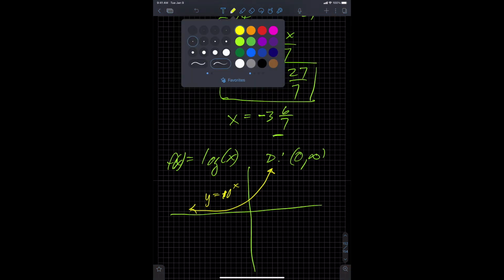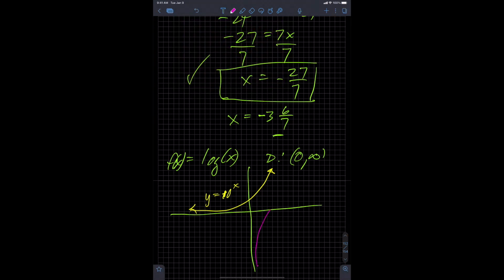And its inverse is this function, y equals log base 10 of x, which we simply write log x for lazy purposes. So they're inverse functions. If y equals 0 is an asymptote for the exponential function, then when we invert it, it becomes the vertical asymptote, x equals 0. So my logarithmic function does not go to the left of x equals 0 and does not include x equals 0. Its domain goes from 0 and as far right as we possibly can go towards infinity.